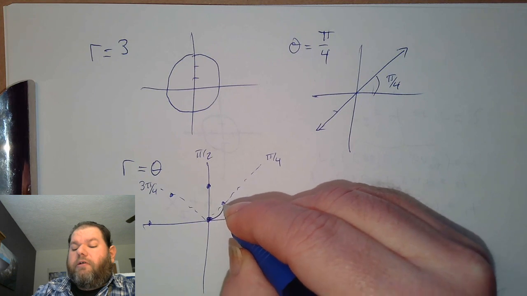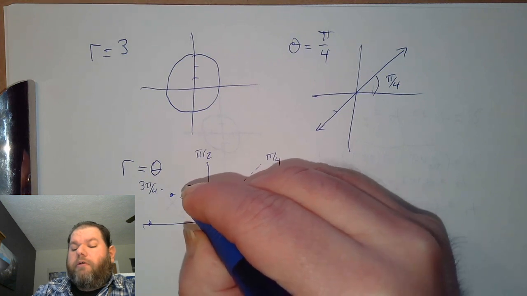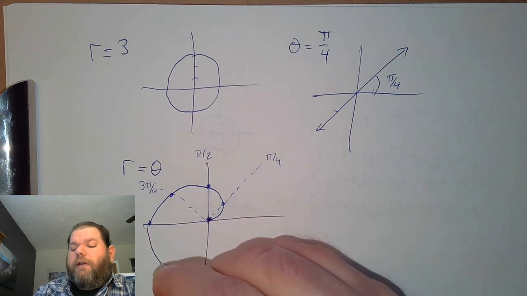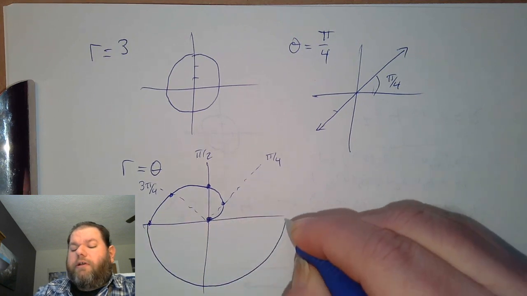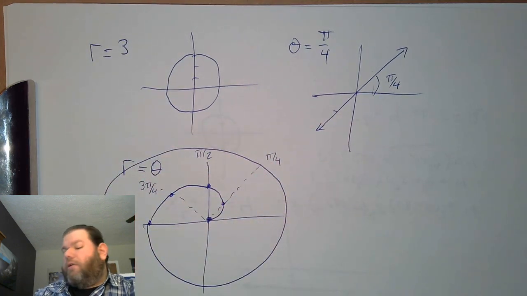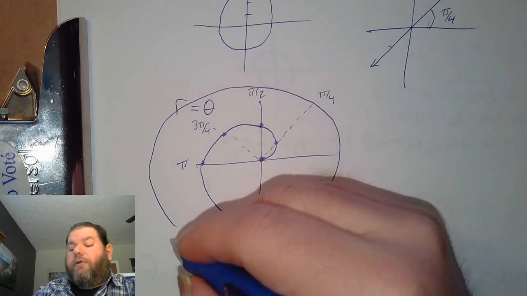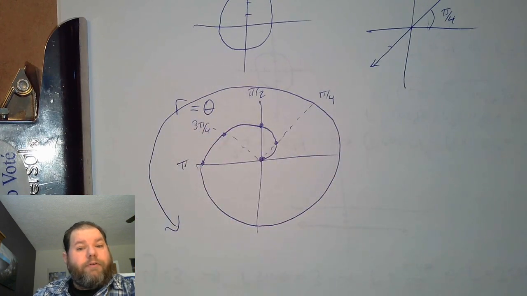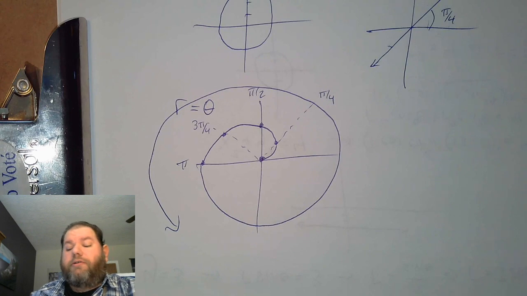So we end up with what is an increasing spiral. And that just keeps going, because the more we go around, the larger our angle gets, the further we get away from the origin.